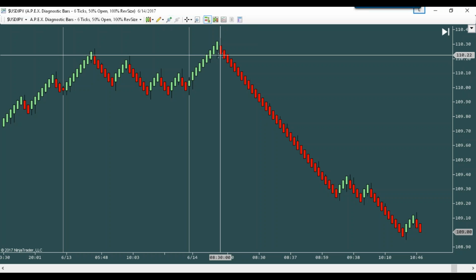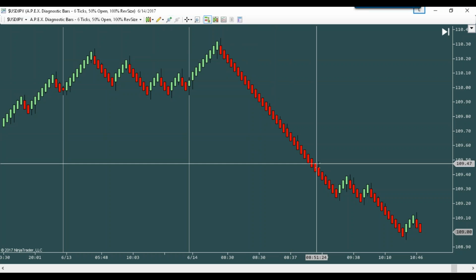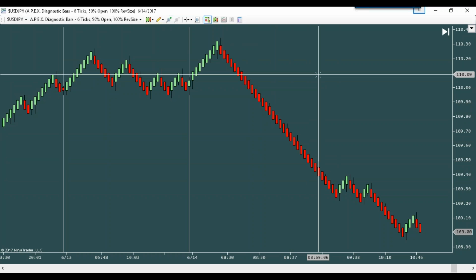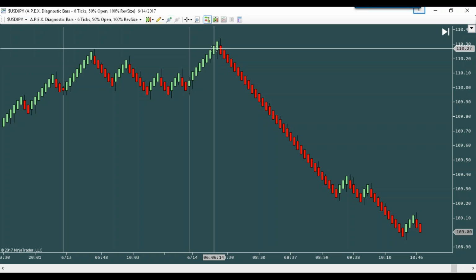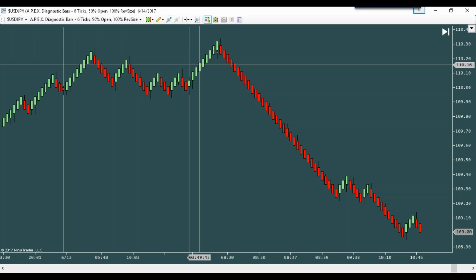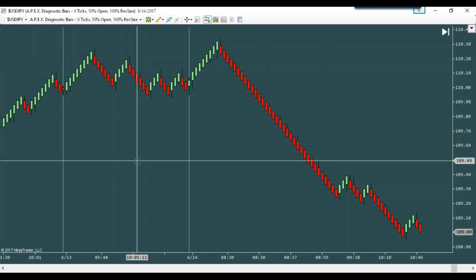Look at the timestamp at the bottom, 8:30, 8:30, 8:30, 8:31, 8:35. Oh, news. News happened, the markets reacted, people reacted, creating a trend, right?